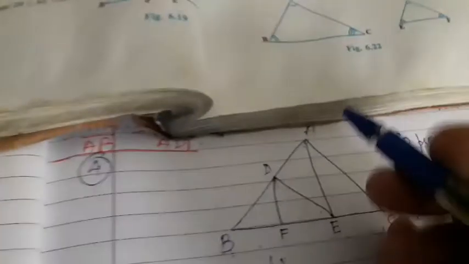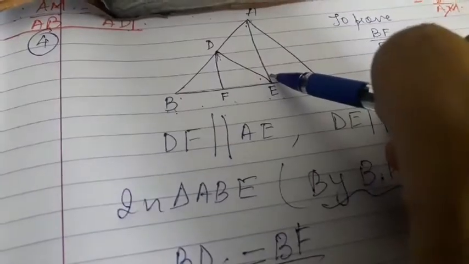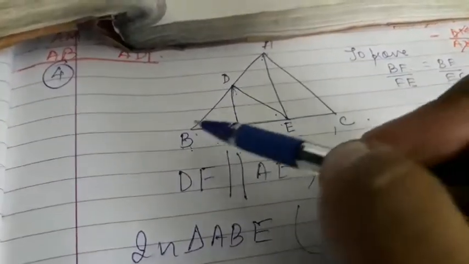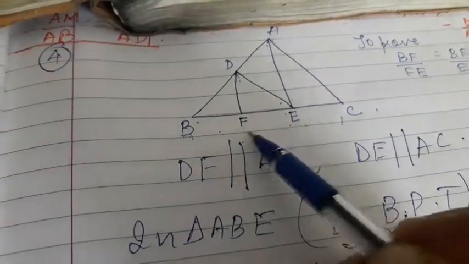I hope it is clear to you that for triangle ABE, BD upon DA is equal to BF upon FE.